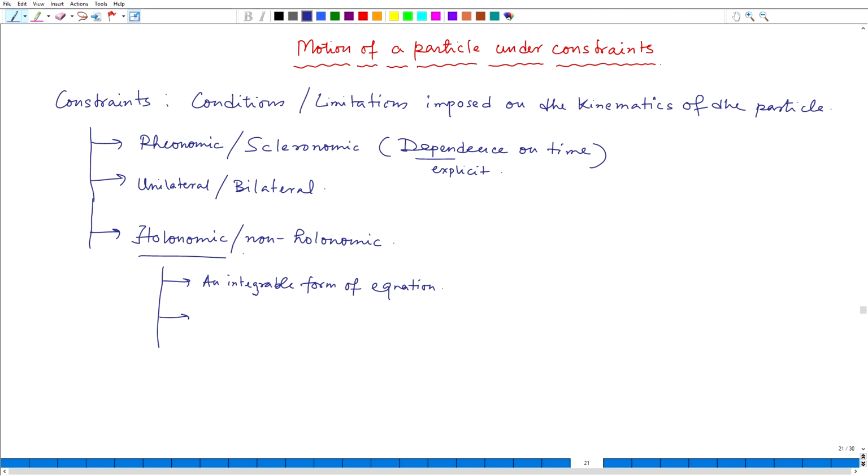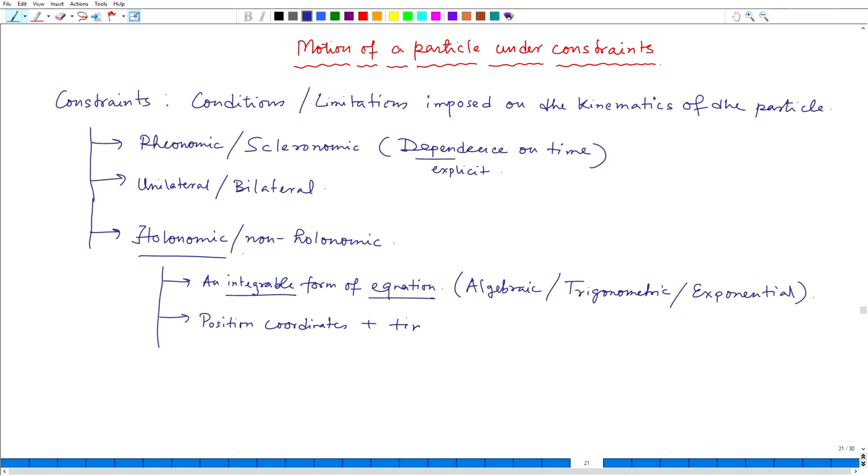So, algebraic or trigonometric or exponential or a mixture of them. Then, it is an equation, it should be integrable, and it can consist only of position coordinates and at best time explicitly.